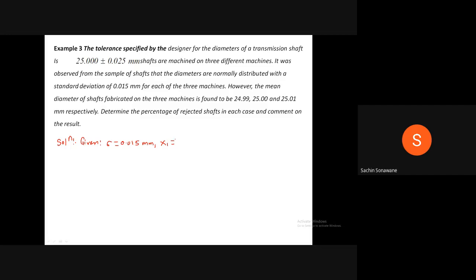X1 is equal to 25.0000 minus 0.025. Then x2, sorry, x1 is lower limit and x2 is upper limit. X2 is equal to 25.000 plus 0.025 mm. Here it is also mm.